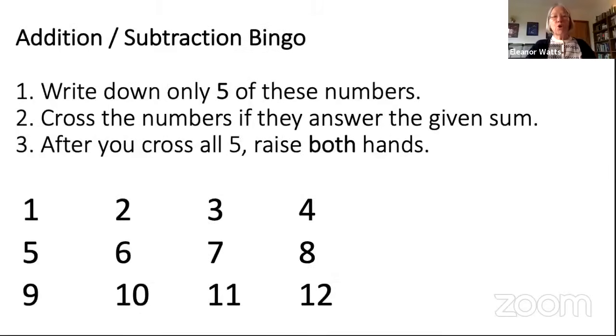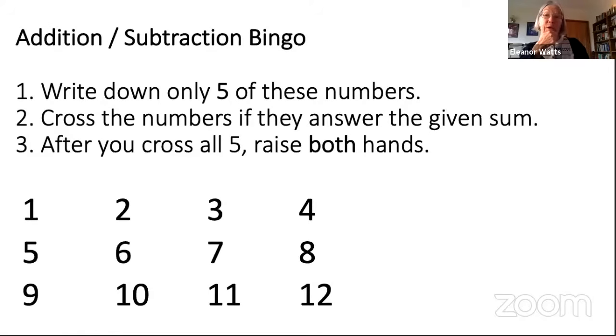Now, could you all copy down 5 of the numbers on the screen between 1 and 12? Just copy them down on a notepad. Now, in a minute, after you've copied down your 5 numbers, I'm going to dictate short sums.